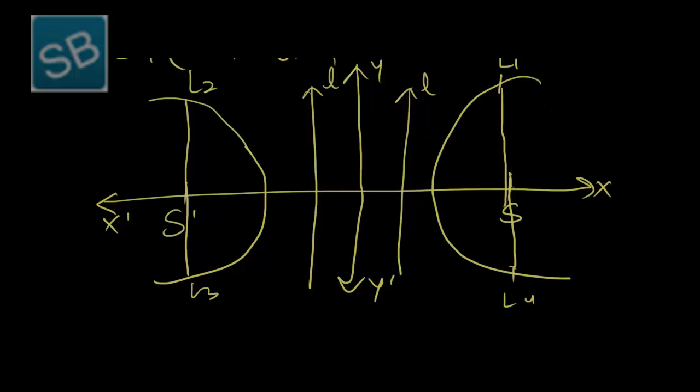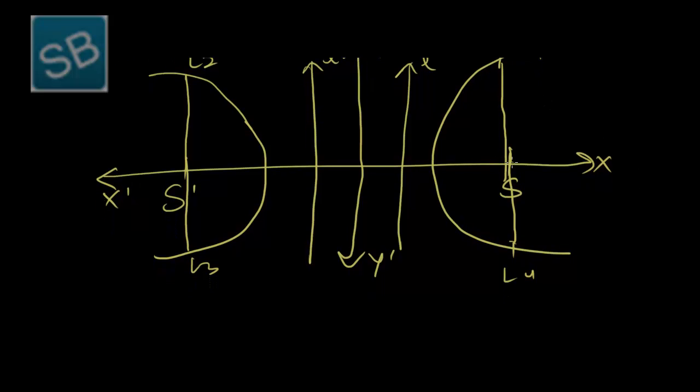The equation of L1 is x equals ae, because the focus is (ae, 0), so the x coordinate will be the same. So the coordinates of L1 are (ae, y), and below the x-axis at the same distance, (ae, -y). So we have L1 and L4.